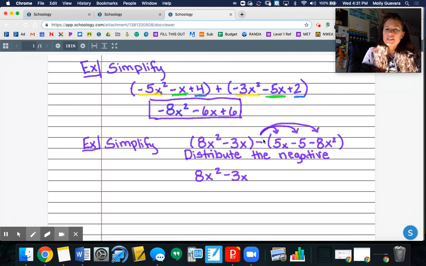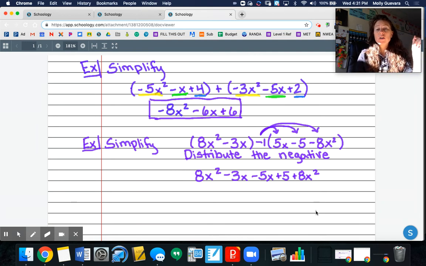But what it does is this is almost like a negative 1. So negative 1 times 5x is negative 5x. Negative 1 times negative 5 is positive 5. And then negative 1 times negative 8x squared is positive 8x squared. And now I can go ahead and combine my like terms. So here I have an 8x squared plus an 8x squared.